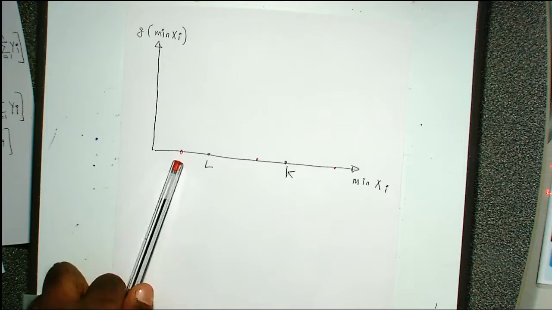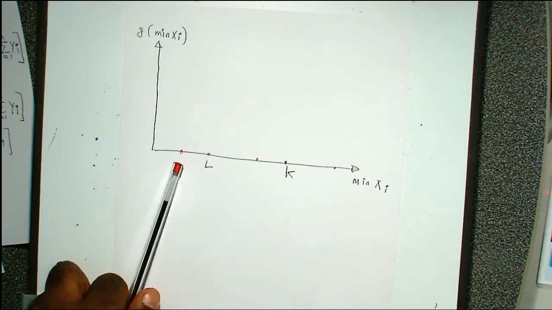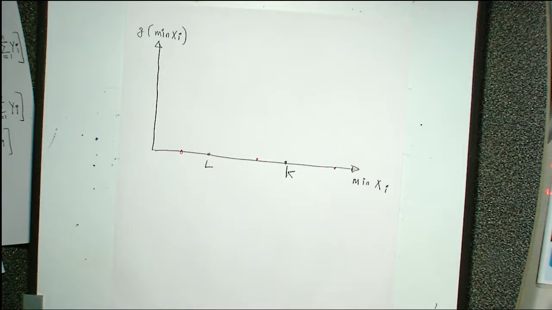So let's start with this one, right? Over here, what would this be equal to, guys? The min of this will be equal to, and this one is also 0, right?